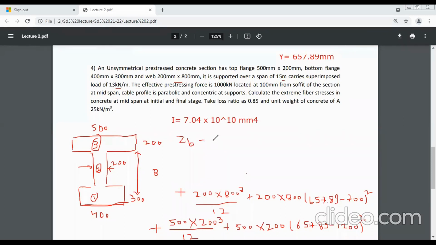ZB is equal to I by YB. Okay. YB means CG from the bottom side. So we are calculating this one. YB means how much this one?